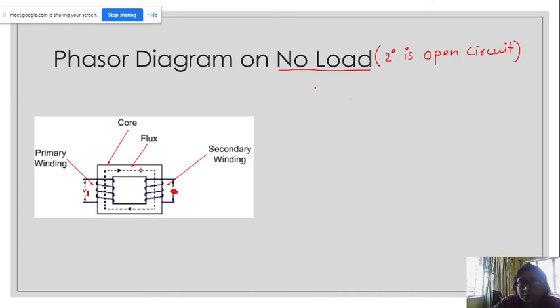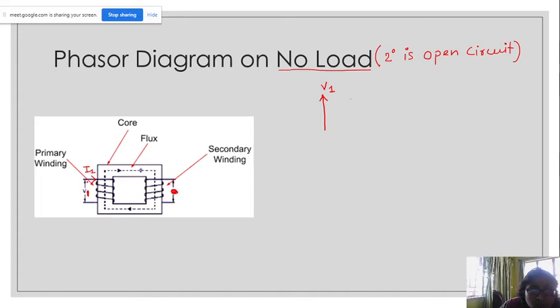If this is my voltage V1, will the current lag or lead? Lag. If it is a purely inductive circuit, how much will the current lag? 90 degrees, right? That means if it is the voltage, the current I am gauging as I1.